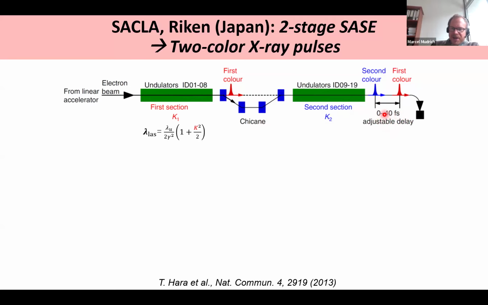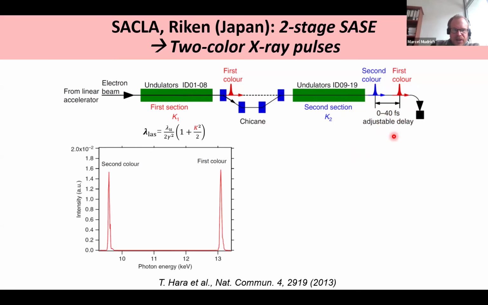This is quite a small time delay, but for some specific experiments that might be enough to have this femtosecond time delay between the two pulses. And this was essentially just demonstrated in this publication here.